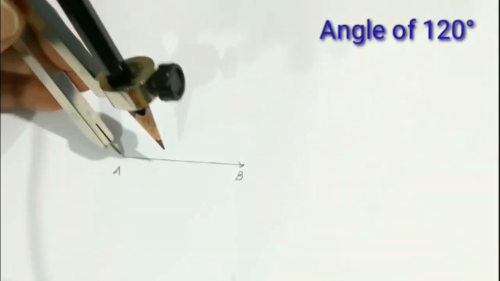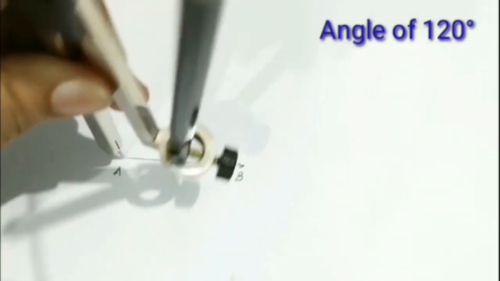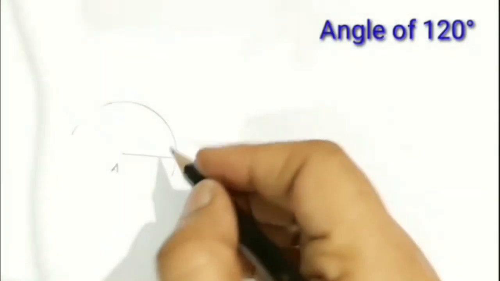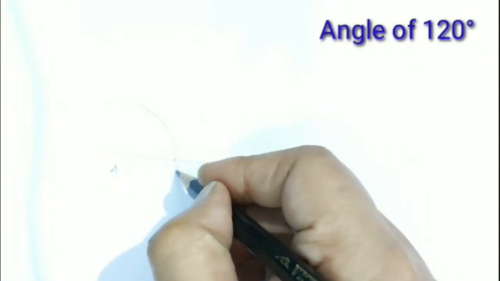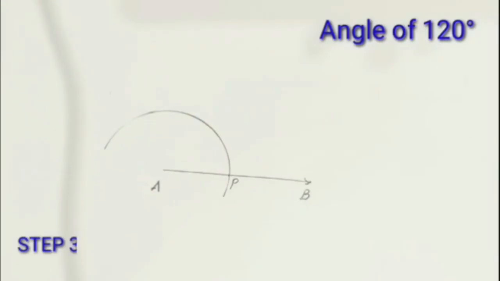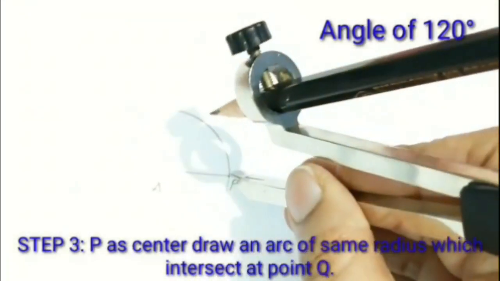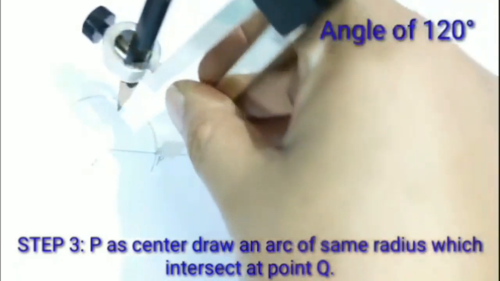A as center of convenient radius, draw an arc which intersects AB at point P. Step 3: draw an arc of the same radius with P as center, which intersects the arc at Q.